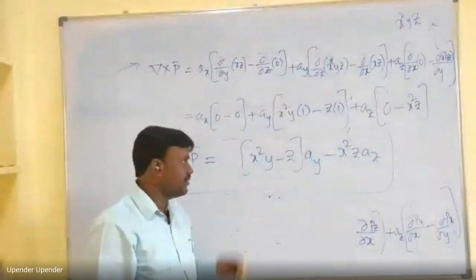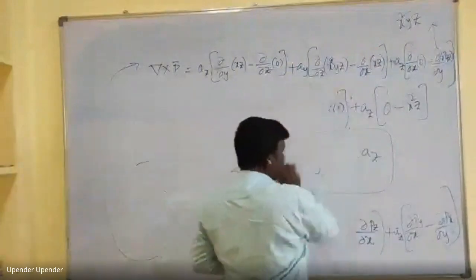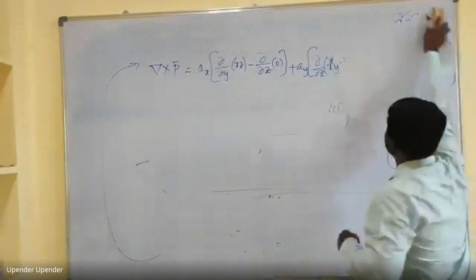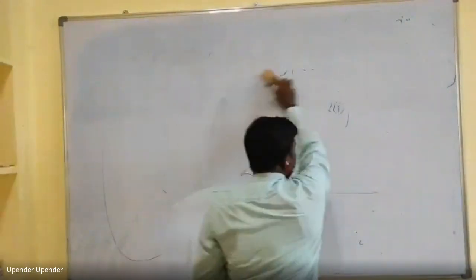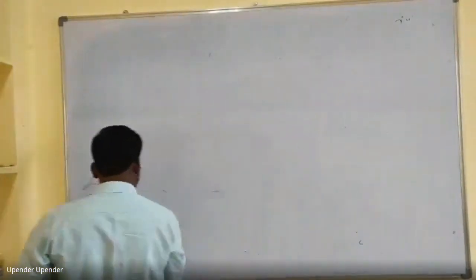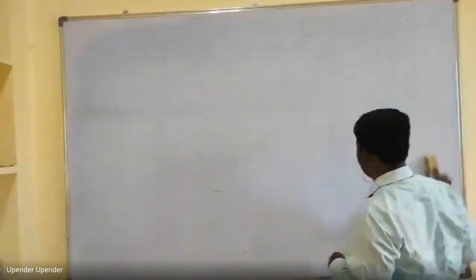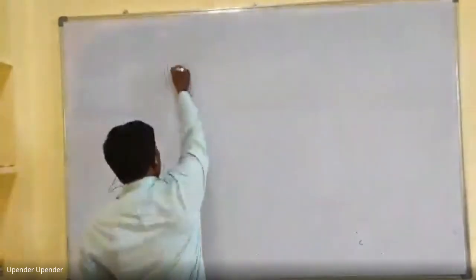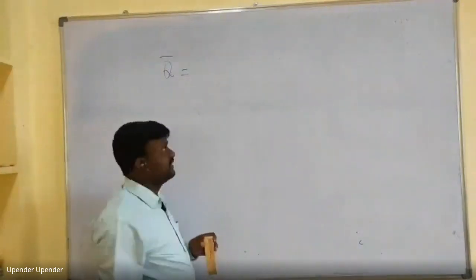We will solve another problem in the cylindrical coordinate system. Cylindrical coordinate system means the components are in rho, phi, z. That means the vector is a function of rho, phi, z. Let us take a vector q bar, whose functions are of rho, phi, z like this.